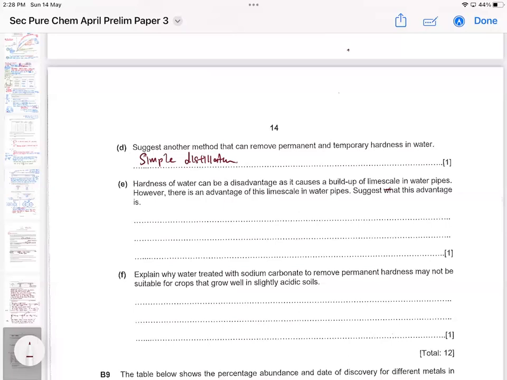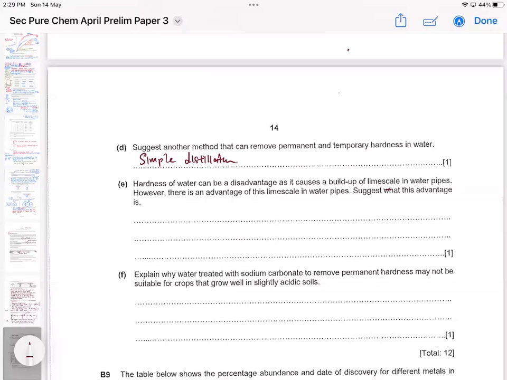Over time, you will start to see white powder forming on your steamers and electrical kettle. It's due to the same reason, the ions present in our tap water.